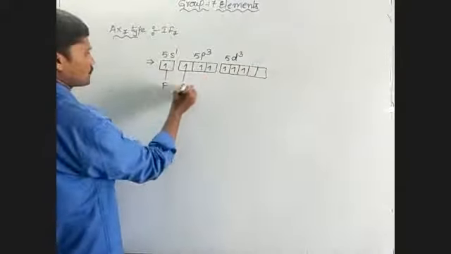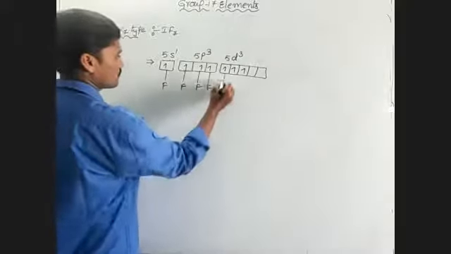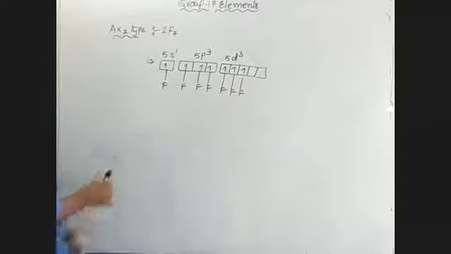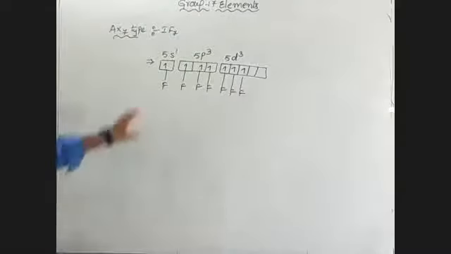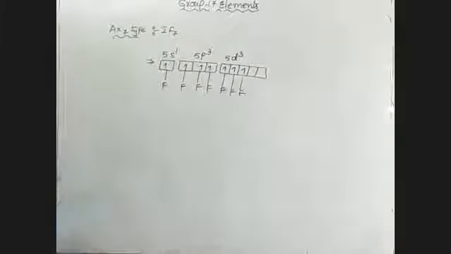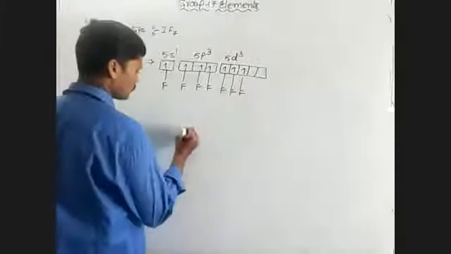So 7 fluorine atoms form bonds with iodine. That means IF7. There is no lone pair of electrons. This is iodine, the central atom.